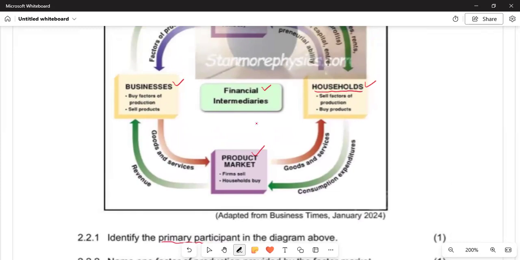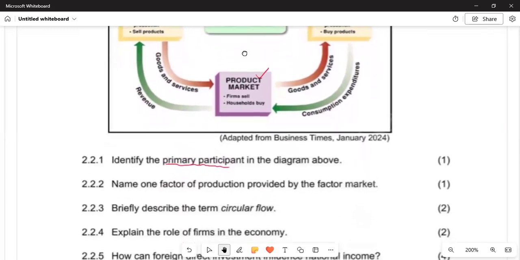It is households, because households provide factors of production and consume goods and services. That is why they are the primary participant. For example, a family providing labor weekly and buying groceries from the shops.